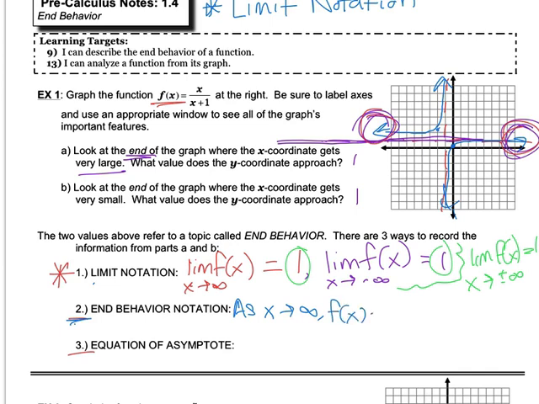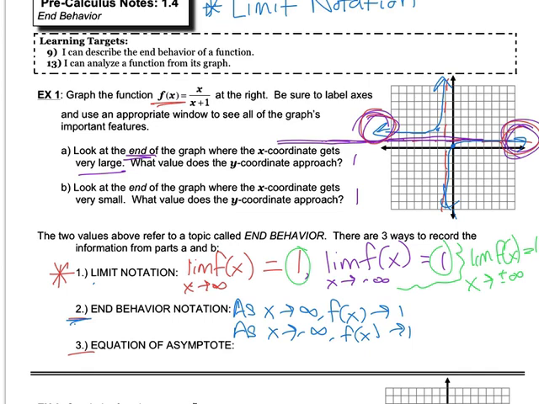F of x approaches, so arrow, 1. So we've only described the positive end, so then you would just write the second half of that end behavior, writing as x approaches negative infinity, and then write f of x approaches 1. So that's another way to represent exactly what we just did using limit notation.